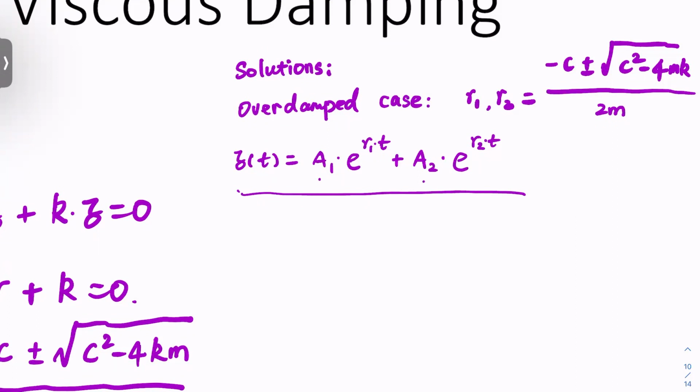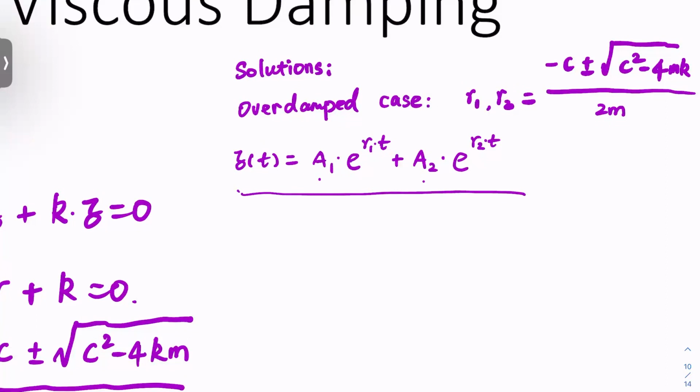But if R1, R2 are negative numbers, so basically, if the time increases, you're gonna have e to the power of a negative number. That negative number is increasing. That means the e value is gonna drop very quickly, right? So this is basically a power function.